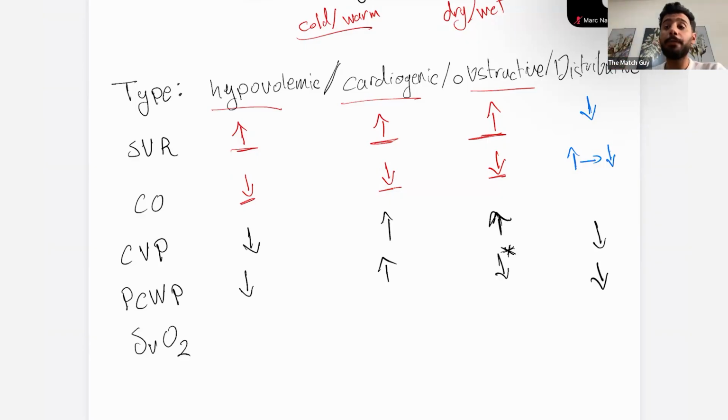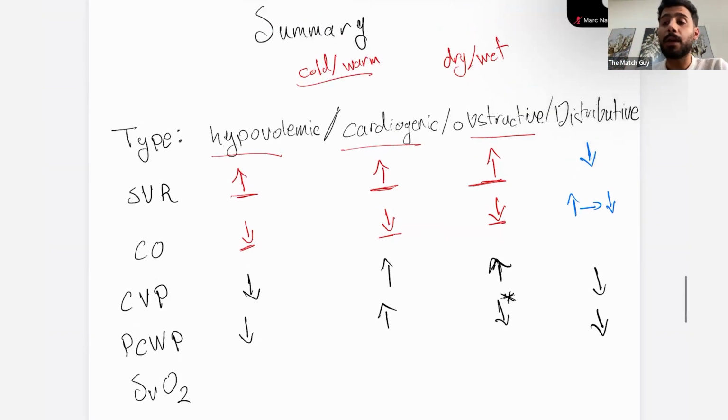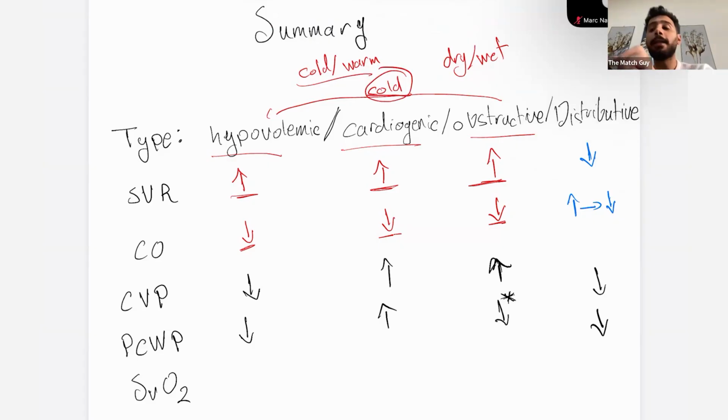So all of these types of shocks, the hypovolemic, the cardiogenic, and the obstructive shocks, we call them cold shocks. While in distributive shock, which also could be a clue in the question, they're going to tell you the patient is not cold and clammy.